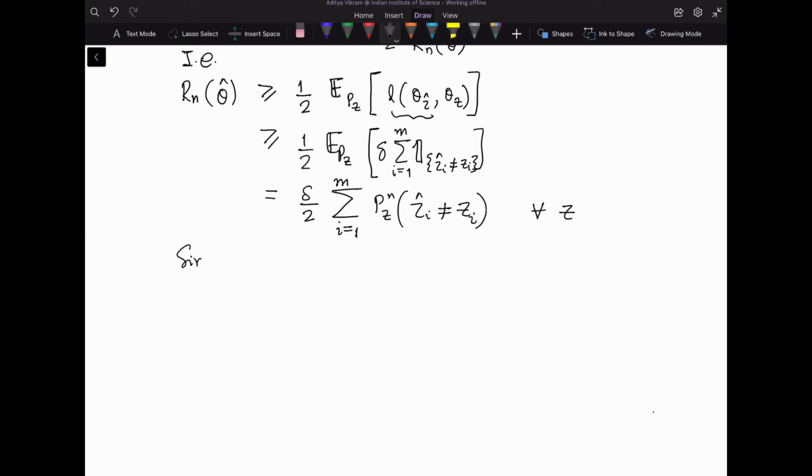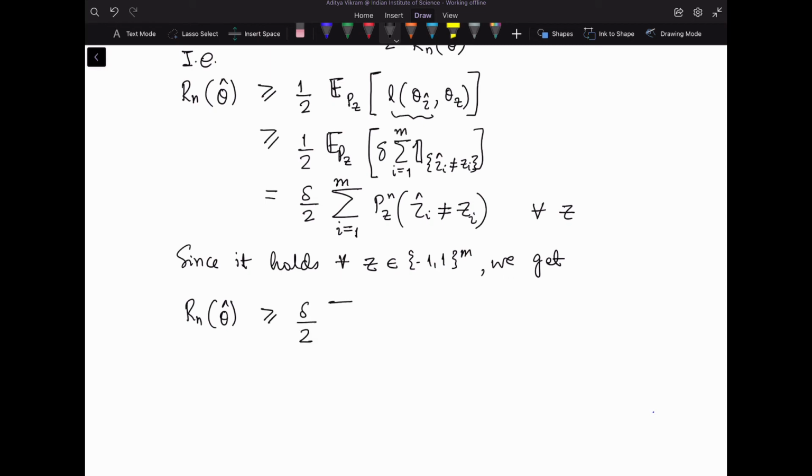So since it holds for all z, we'll do a similar thing we did in Fano's, where something holds for all the distributions, so it will hold for the average of those distributions. Okay, so R_n(theta hat) is greater than or equal to delta by 2, sum over i equals 1 to m, so this is the same as above.